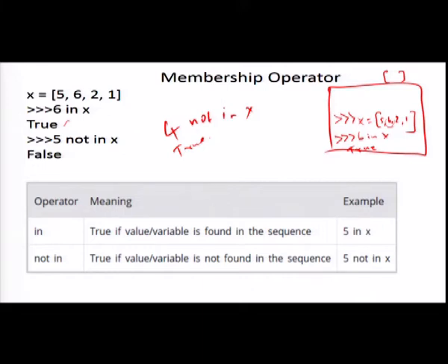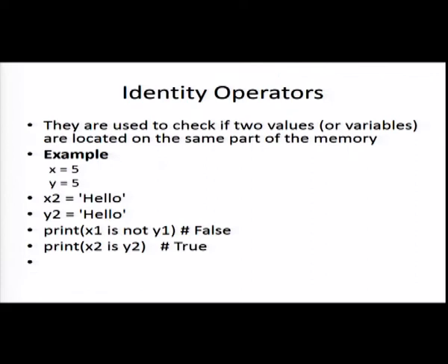Then as we could see here, the operator in means true if the value or variable is found in the sequence, for example 5 in x. Not in means true if the value or variable is not found in the sequence, 5 not in x. Then the next exclusive operator is the identity operator.